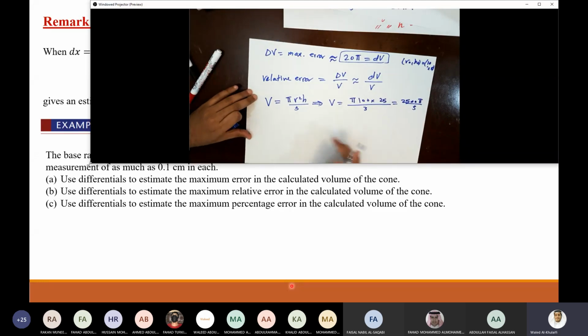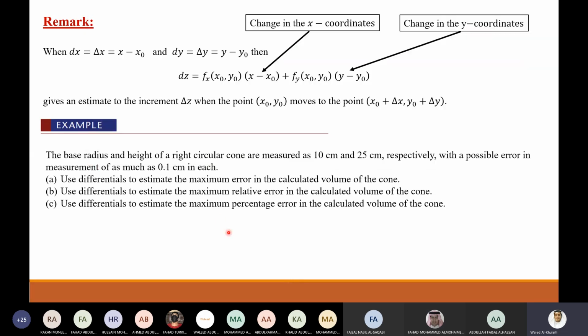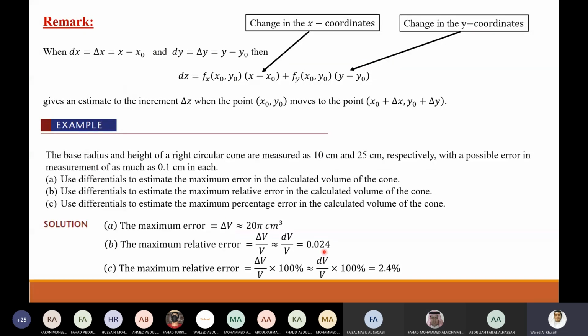Now the relative error, which is approximately dV over V, is equal to 20 pi over 2500 pi over 3. Simplify this, do the fraction, and I believe I wrote the final answer, which is this one here, 0.024.